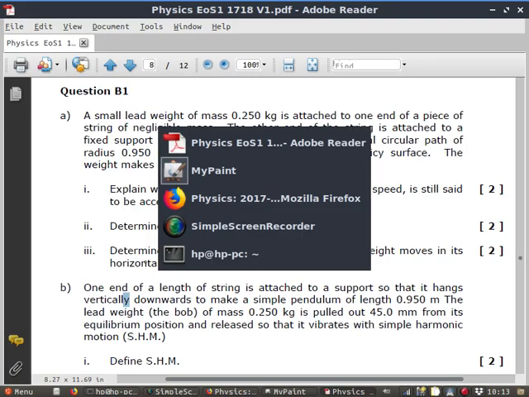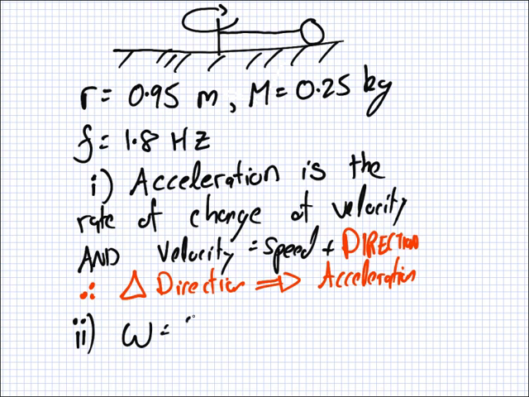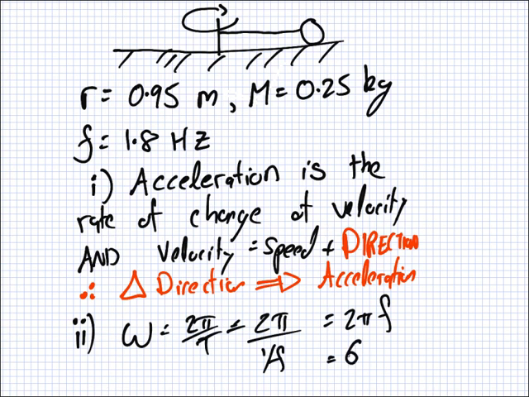The angular velocity, that's the omega. Omega equals 2 pi over T, which equals 2 pi over, and T is 1 over f. So it's equal to 2 pi f. So that's equal to 6.283 times 1.8.